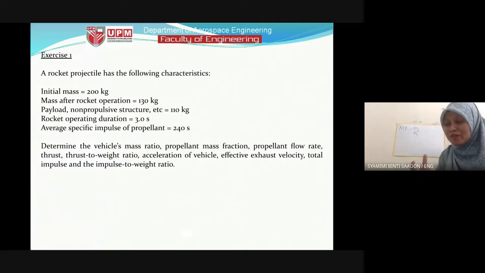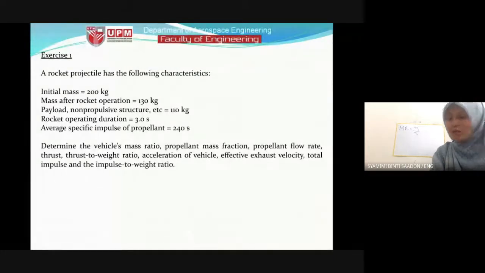For any burn means for any propellant mass burn, the ratio between the rocket's initial mass and its final mass. I'm just checking the lecture slide.